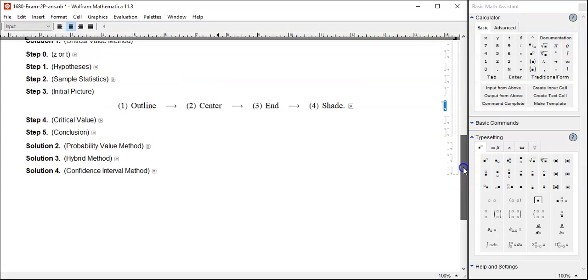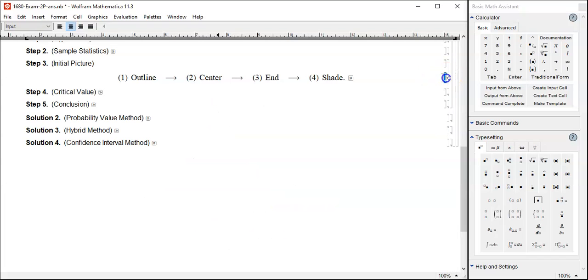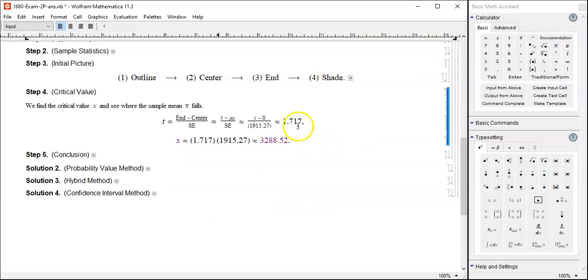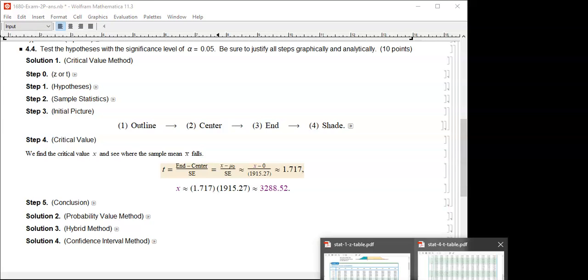Okay, let's calculate. N minus center over SC. So here we go. N minus center over SC is equal to the t statistic associated to 5%.